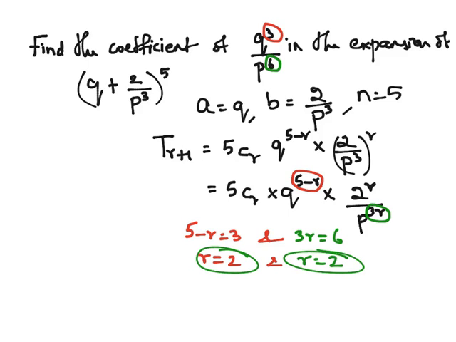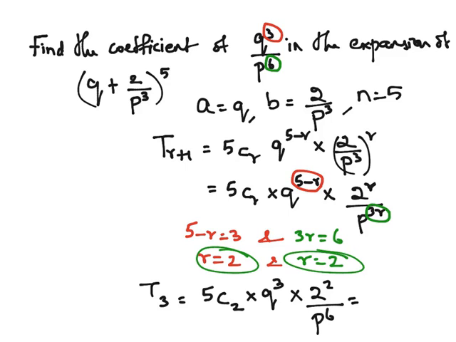So definitely there is a term which contains q cubed by p raised to 6. So that is the third term. So you'll write t3 equal to 5C2, because wherever there is r, I'll replace it with 2, multiplied with q power 3 multiplied with 2 power 2 by p power 6.